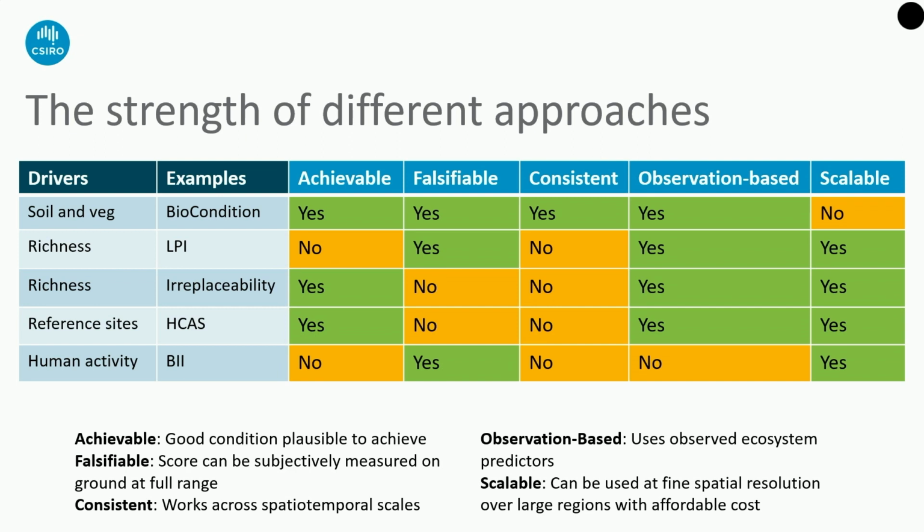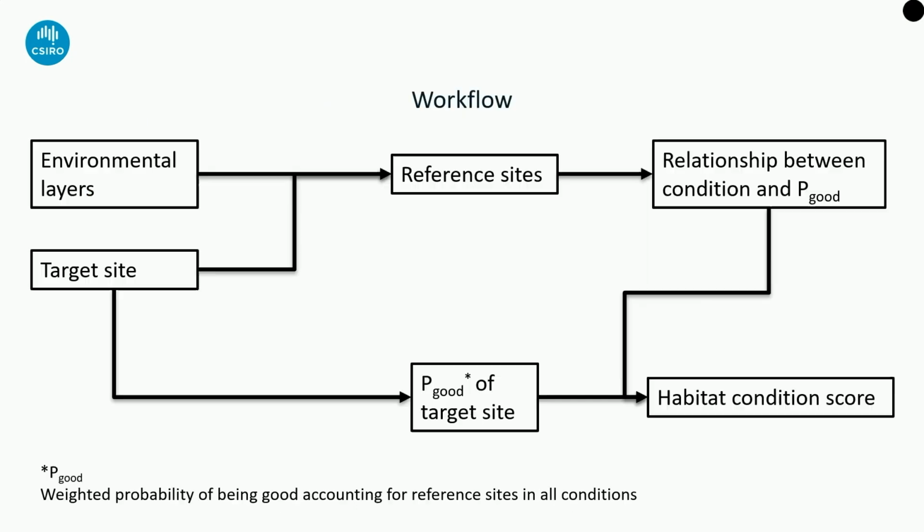As you can see, it's not a direct measurement of what's happening in the ecosystem, and it has this assumption that human activities will necessarily result in degradation in habitat condition, which I don't think is correct.